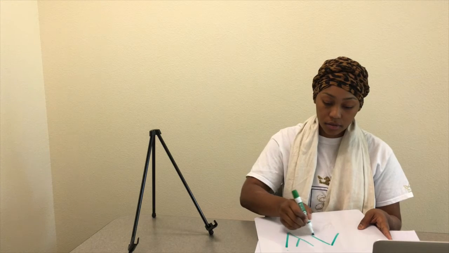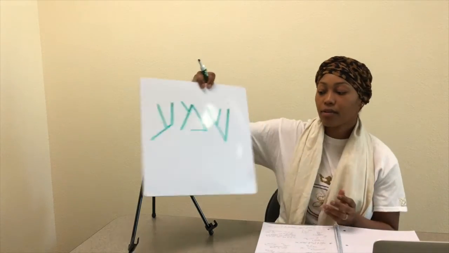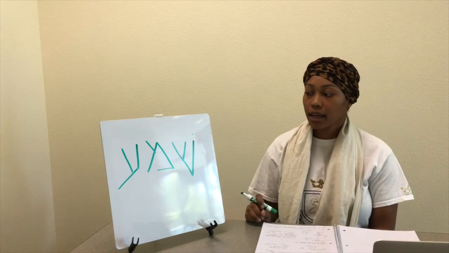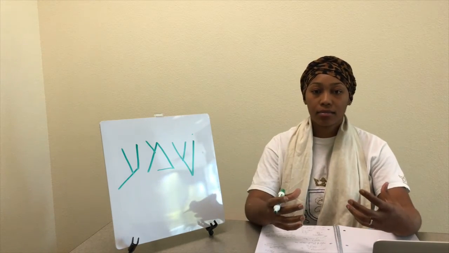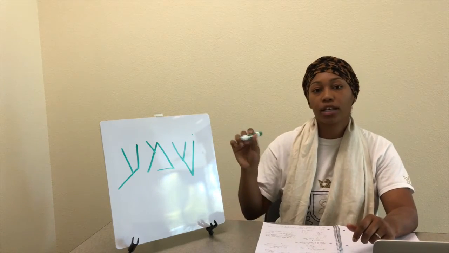So let's take the word Shema. So you have a word, and it has 3 letters, right? And so that is actually a root word where you have Shema, but there's actually a 2-letter root within that root.